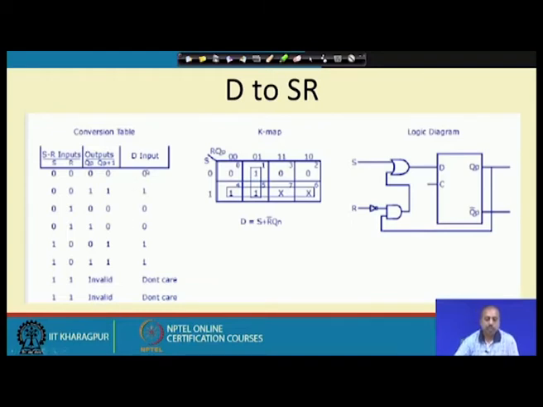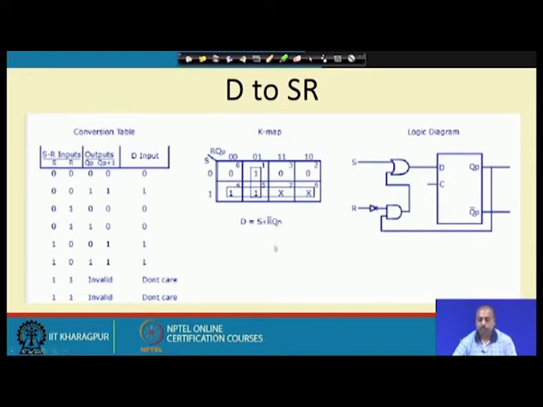Now, we consider what should be the value of the D, like from 0 to 0, D is 0, from 1 to 1 D is 1, from 0 to 0 D is 0, it goes like this. Then for these invalid cases, since we are not going to apply this pattern, they are taken as do not care. If we make a Karnaugh map to find the expression for D, it becomes S plus R bar Q p.